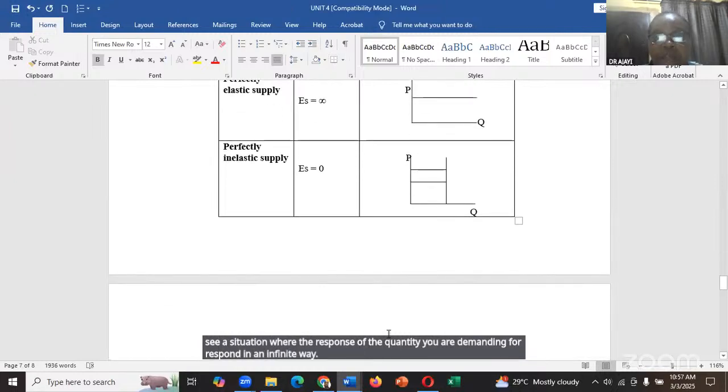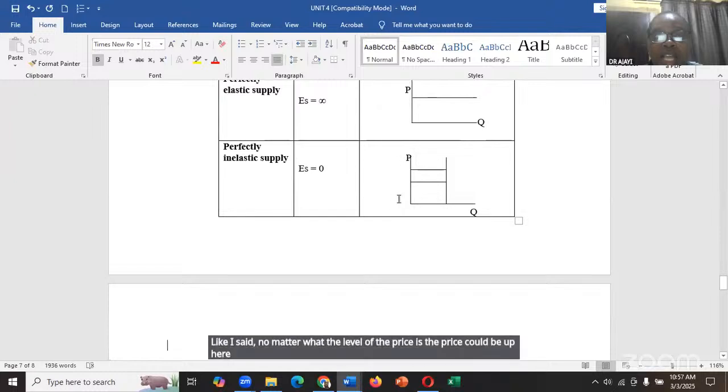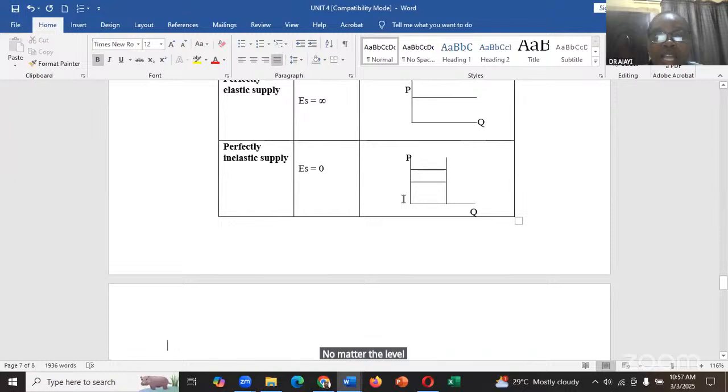And for the last one, perfectly inelastic, like I said, no matter what the level of the price is, the price could be up here, the price could be down here, no matter the level of price change, you see that the quantity supplied remains the same.